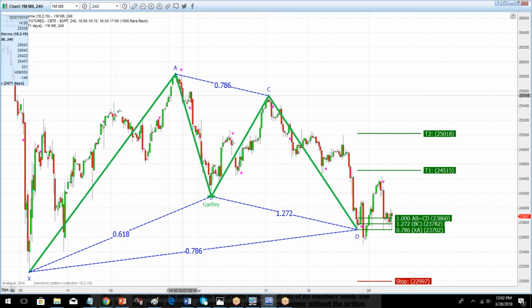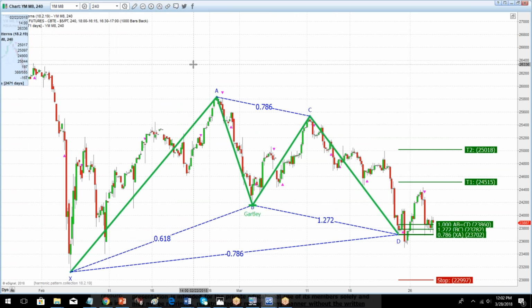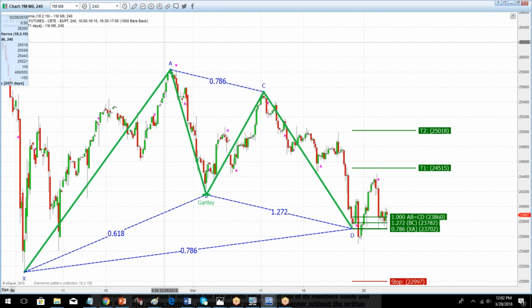We are really defining, this is one of the first patterns that was ever put out there. And we've been talking about this pattern the last week in our live sessions. And I want to talk about what makes this a Gartley, relate this to what's happening right now.